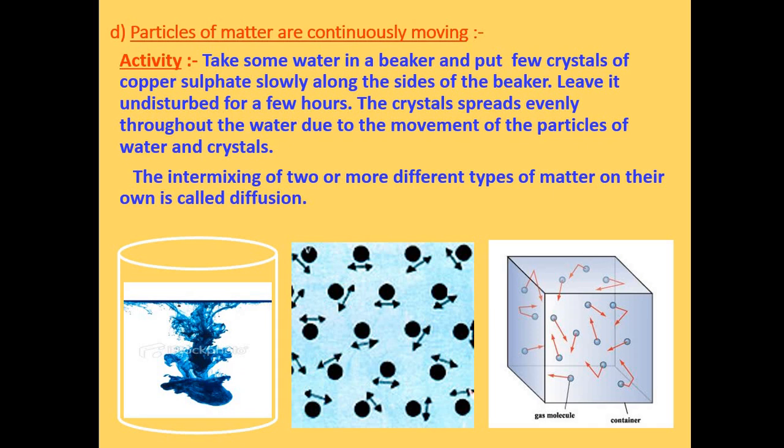Particles of matter are continuously moving. The best evidence that particles of matter are continuously moving comes from the studies of diffusion and Brownian motion. One simple example we can use here. When we light or burn agarbatti in one corner of a room, its fragrance spreads in the whole room quickly.